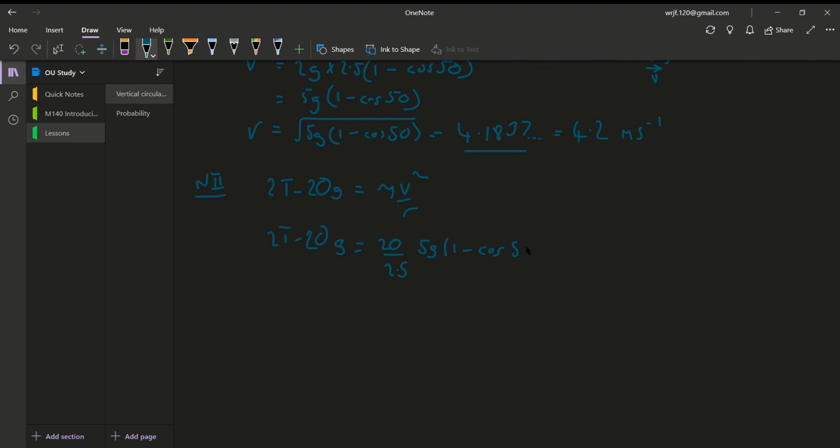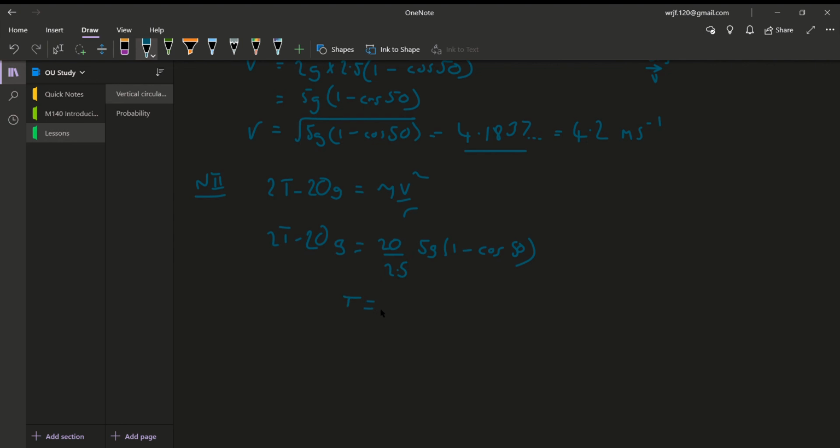So we're going to have here 20 over 2.5 multiplying the v squared, 5g brackets 1 minus cos 50, and then that's reasonably straightforward for us to solve. We can take the 20g over the other side, we can divide everything by 2.